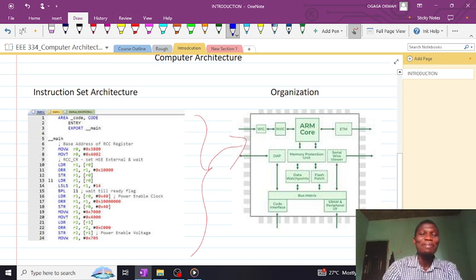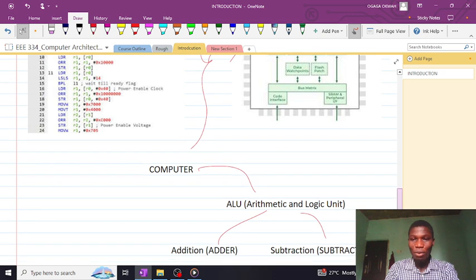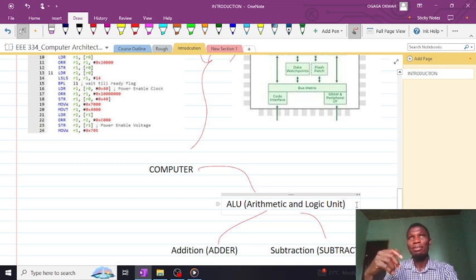Now, the computer has various parts, but for this video and the next, what we'll focus on will be just the arithmetic and logic unit. Again, like a building, there are many different parts, but of course you have to start from somewhere.